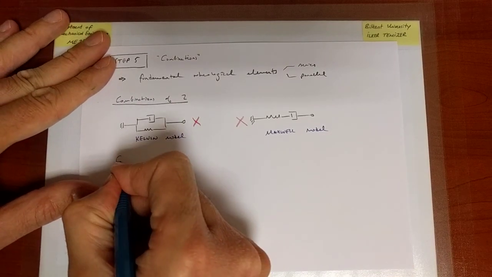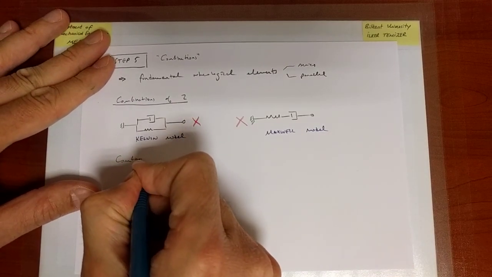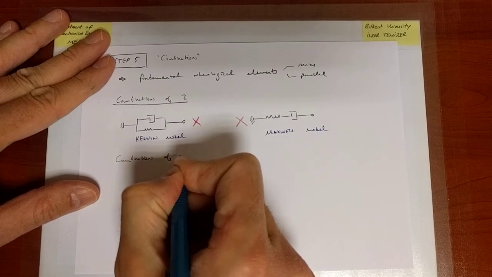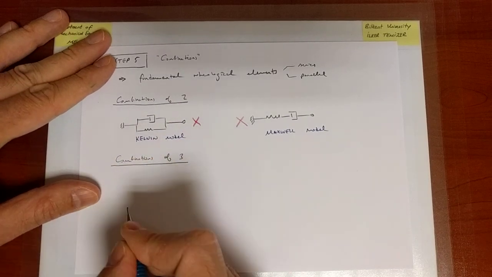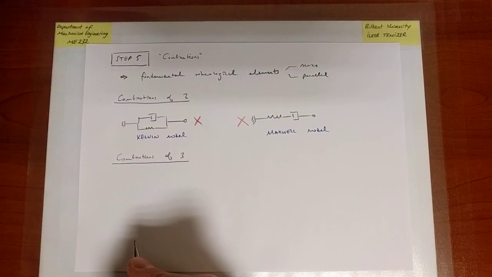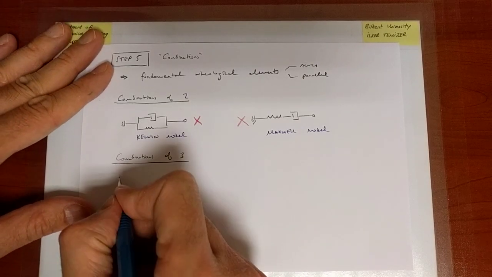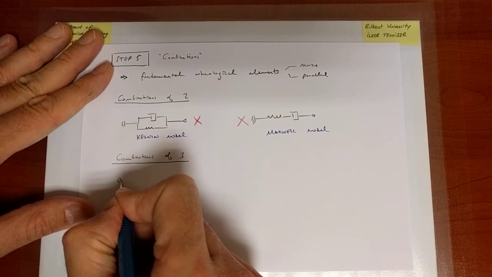So we go to the next meaningful step, which is we look at combinations of 3. Okay. And combinations of 3 can be cast. Well, there are 4 possibilities. There's going to be 1.